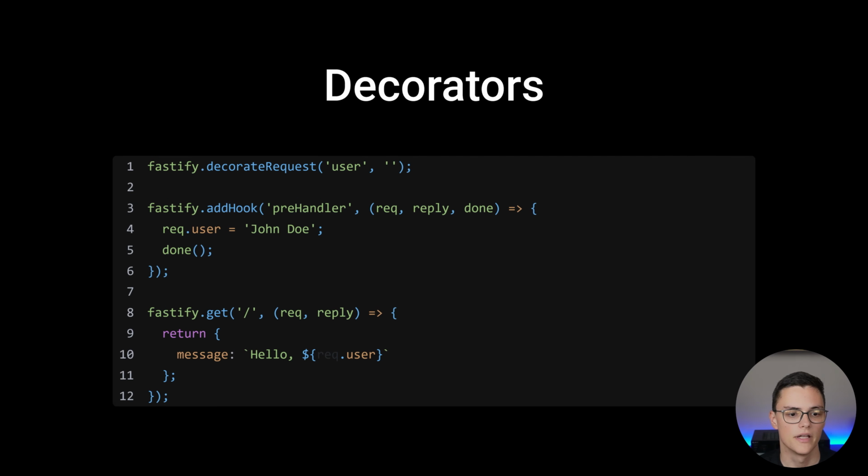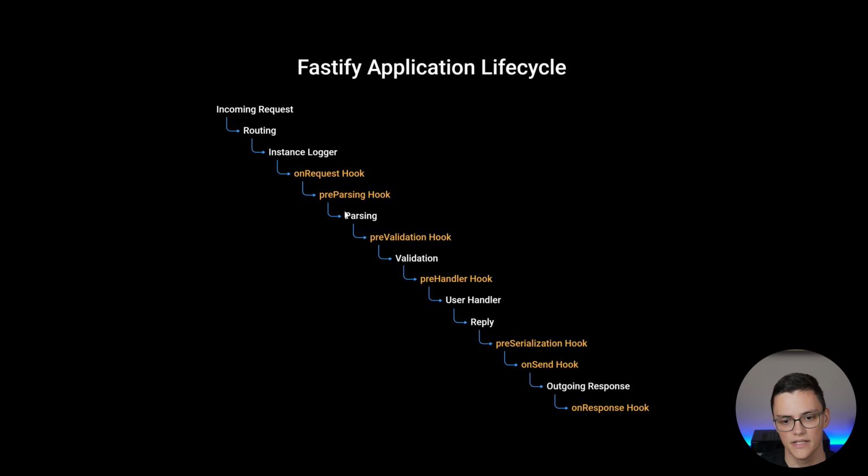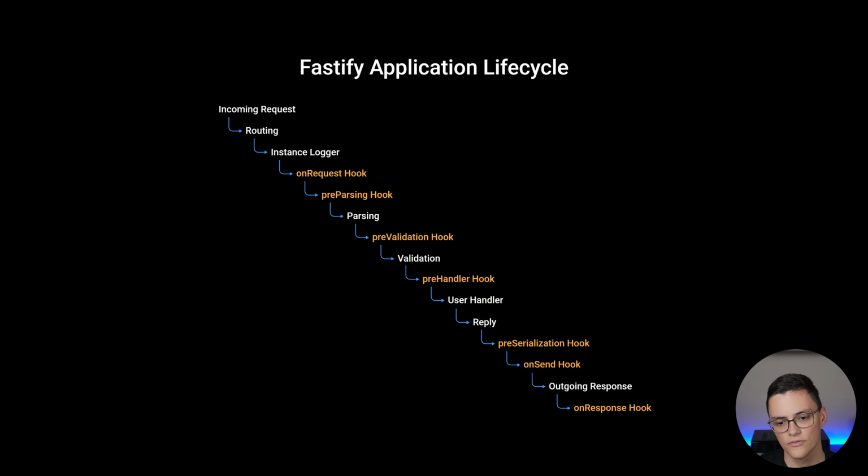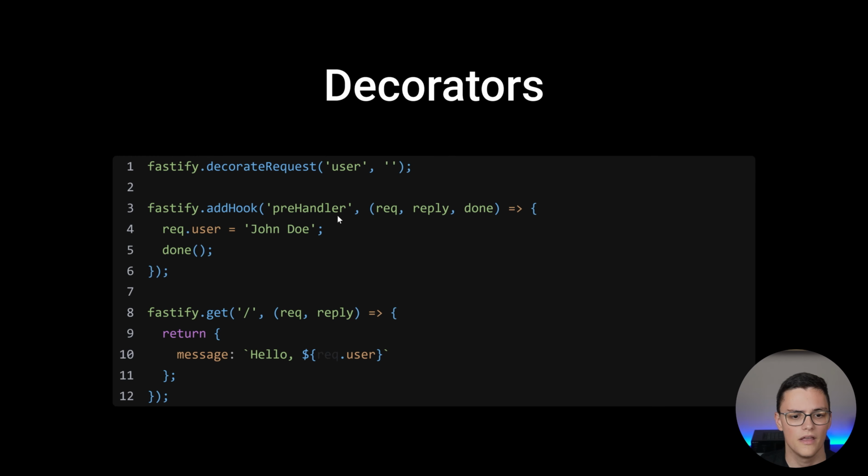Here's what a decorator is. Here we have a Fastify hook that executes pre-handler. This means, if you remember the lifecycle methods, that this hook will execute just before the user handler, which is the function we specify to handle the request. And this pre-handler hook attaches a user object to the request and specifies just a string.